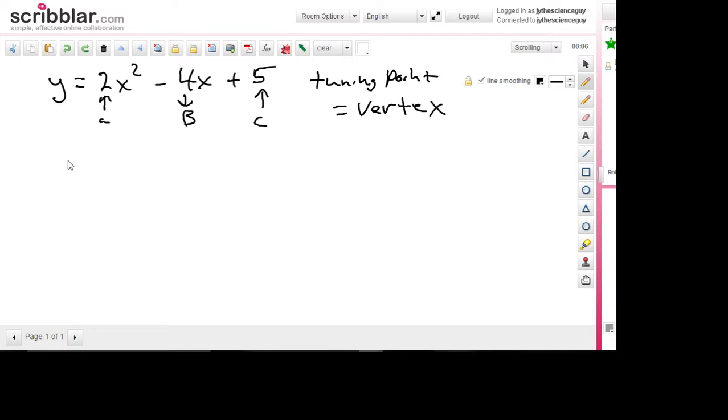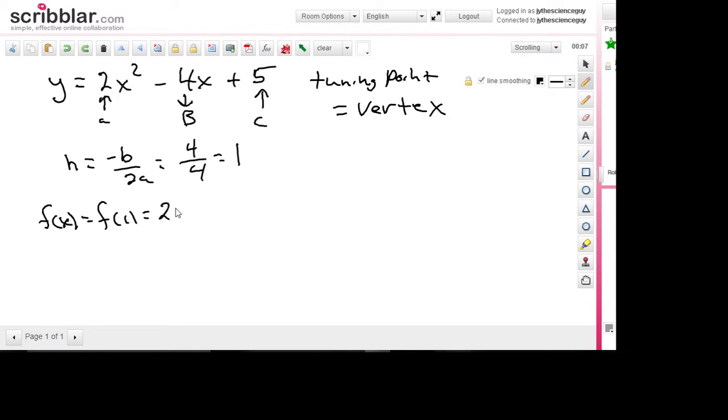So what I'm going to do is I'm going to say that h is equal to negative b over 2a. So negative b would be 4 over 4, because 2 times 2 is 4. And so that means that h is equal to 1. And then I'm going to take that and I'm going to do f of x. I'm going to say that that's f of 1 because x is equal to 1. Those are the same thing. And so I'm going to plug that into this equation to find my y.